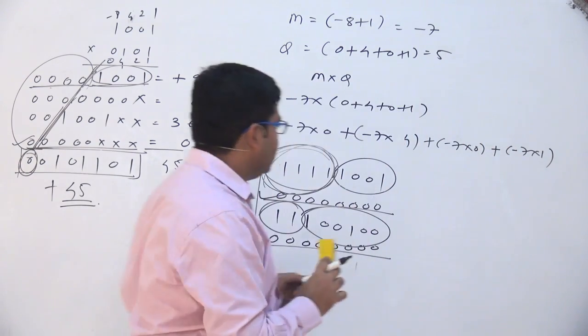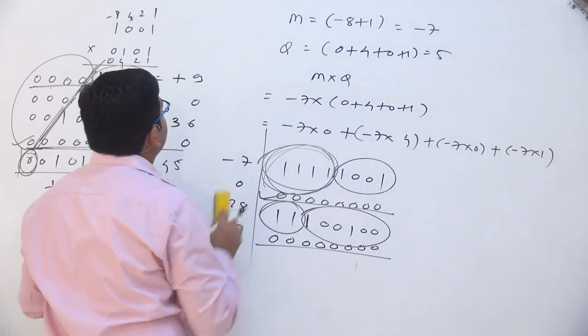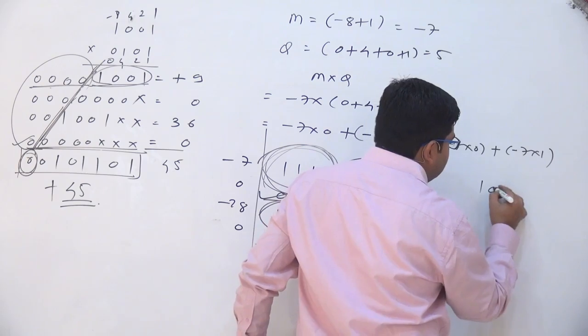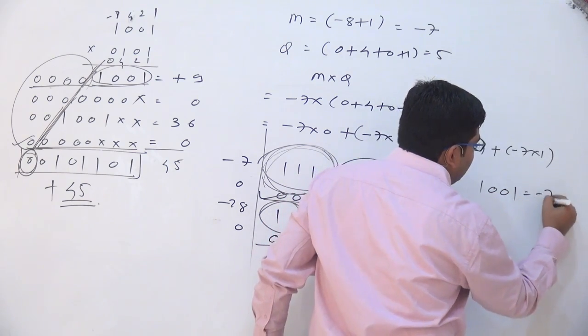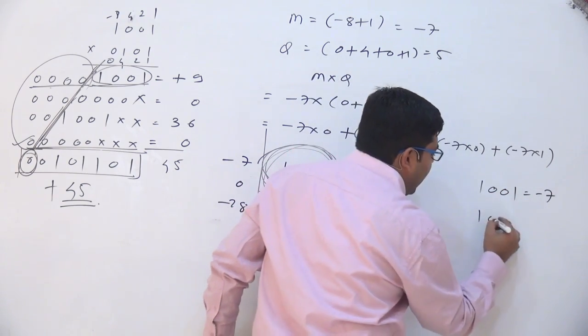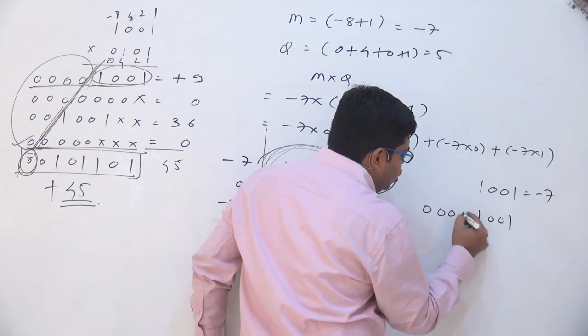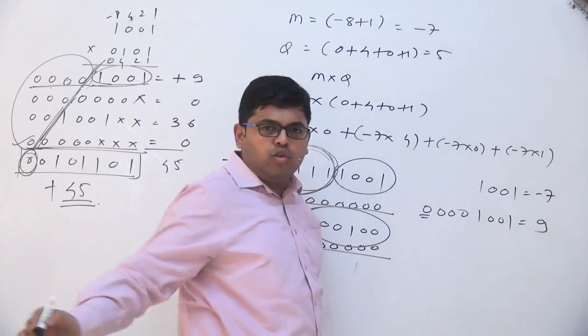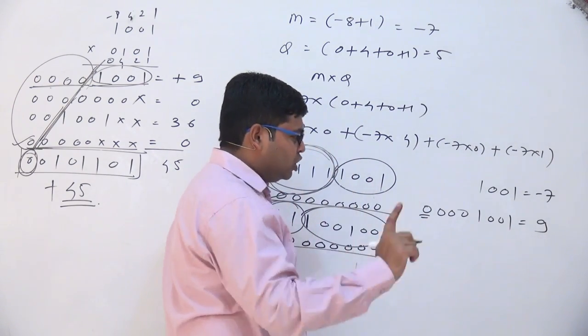See, the problem is, I will magnify the problem further. The problem is like this. Let me write it down here. 1001 means minus 7. If you add 4 zeros to the left, then the value becomes plus 9, because the sign bit here is equal to 0, which means a positive number.